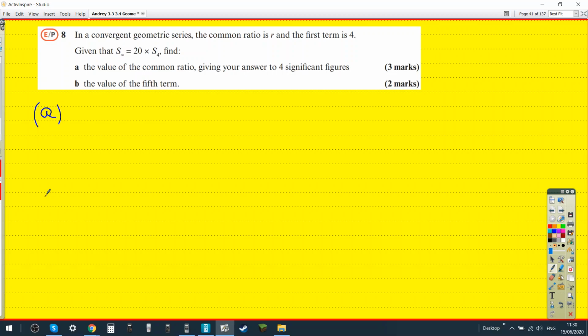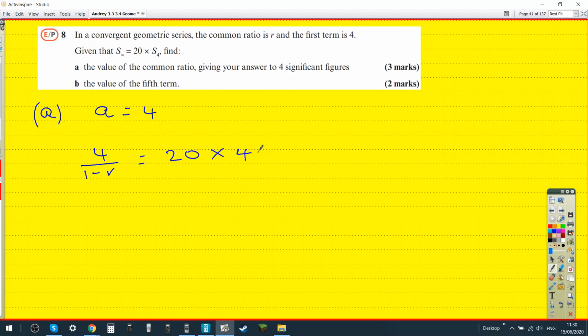So a is equal to 4, and so 4 over 1 minus r is equal to 20 times 4r cubed.